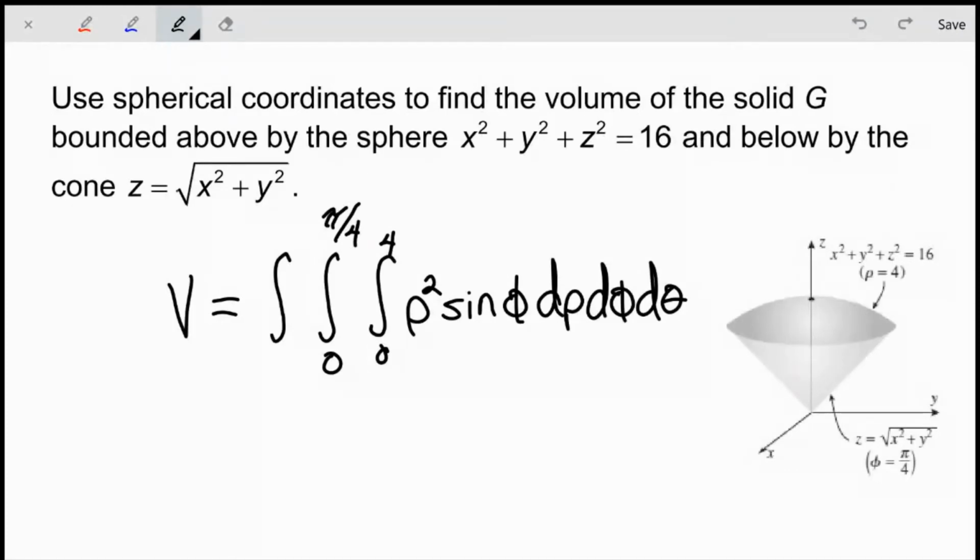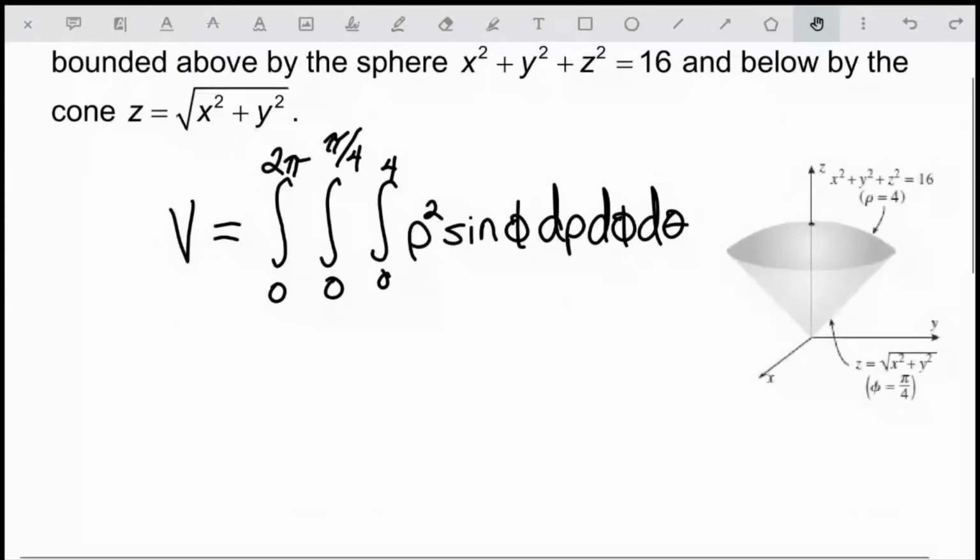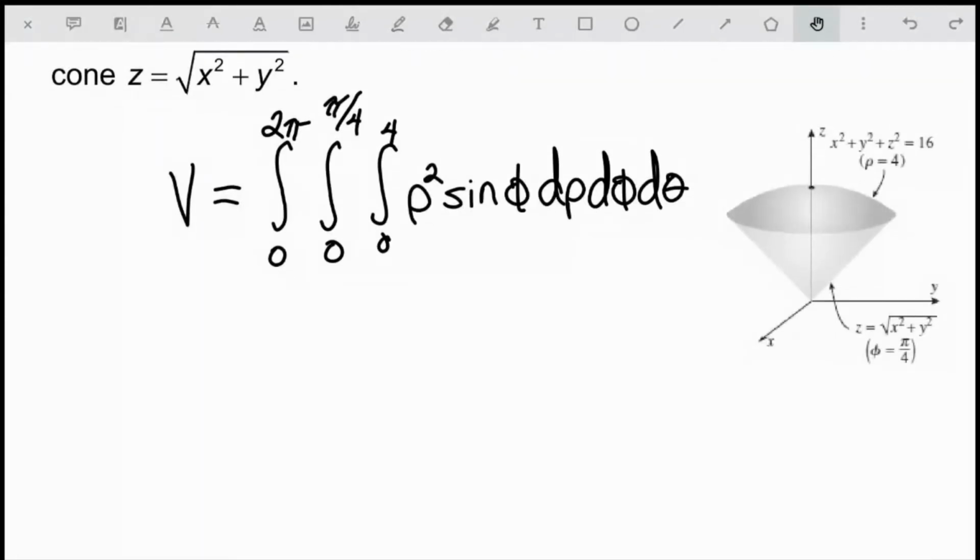And so that's pi over 4 units. And then for the theta, you can see I'm going all the way around in the xy plane, all the way around the origin. So that's going to be 0 to 2 pi. Okay, so that's my setup. And again, not really that difficult, provided that my scenario is conducive to using spherical coordinates.